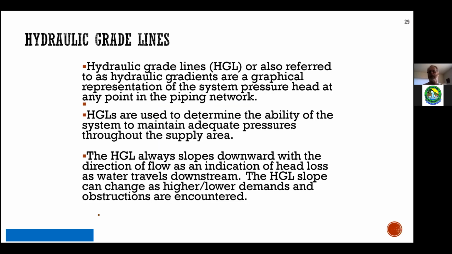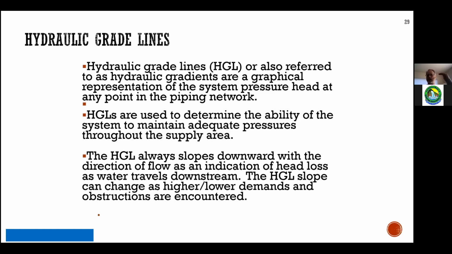And what we're talking about is, and you'll see this on the exam, you'll be asked to define what is an HGL, hydraulic grade line. So what we're looking at is a way of visually or graphically representing what the head in the system is at any point in the piping network, right?